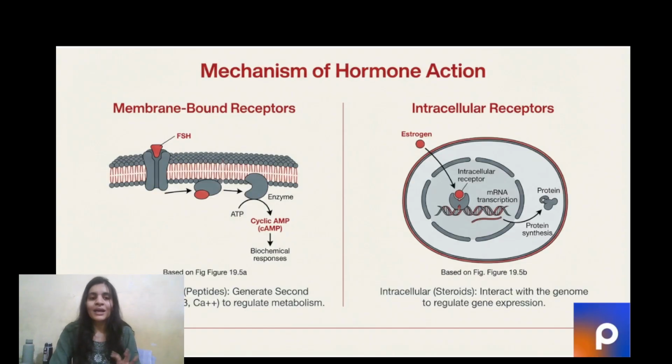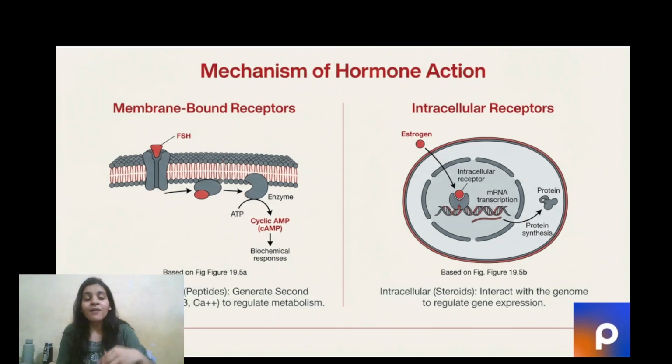Alright, now I understand there are so many hormones in my body, but how do they act, ma'am? Well, yes, they have a specific mechanism of action. What is it called? Mechanism of hormone action. So, guys, there are two types of major hormones in our body: protein hormones and steroid based hormones. The protein hormones cannot enter your cell because of the lipid layer.